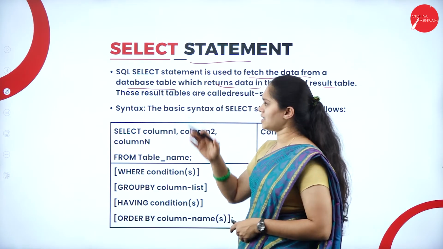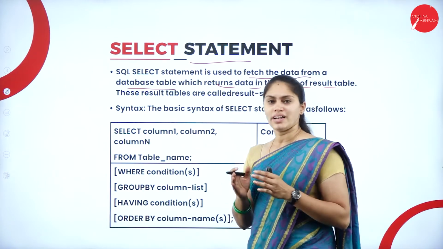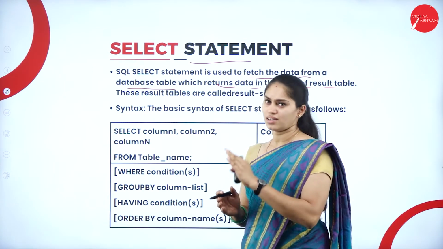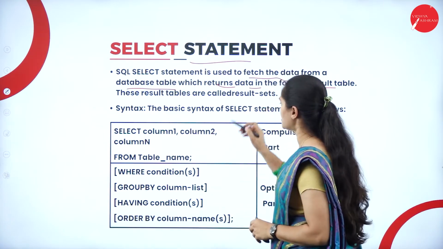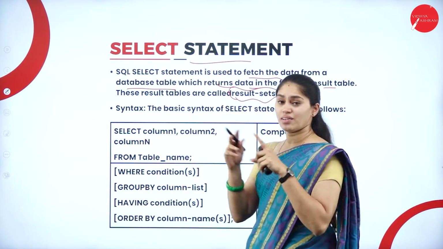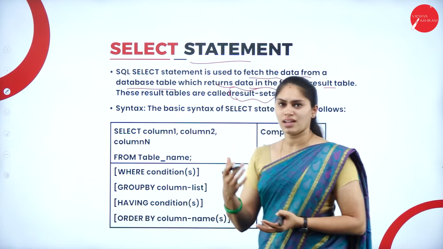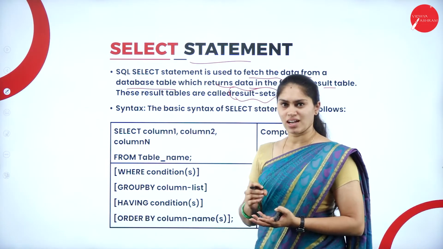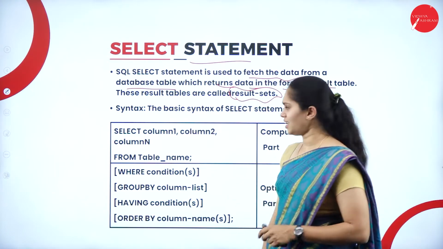We are accessing the already existing content based on a certain condition. That resultant table is also considered a result set, because it gives a new result table. Based on certain conditions and constraints, we are fetching certain columns with this select statement. Then we'll see its syntax.